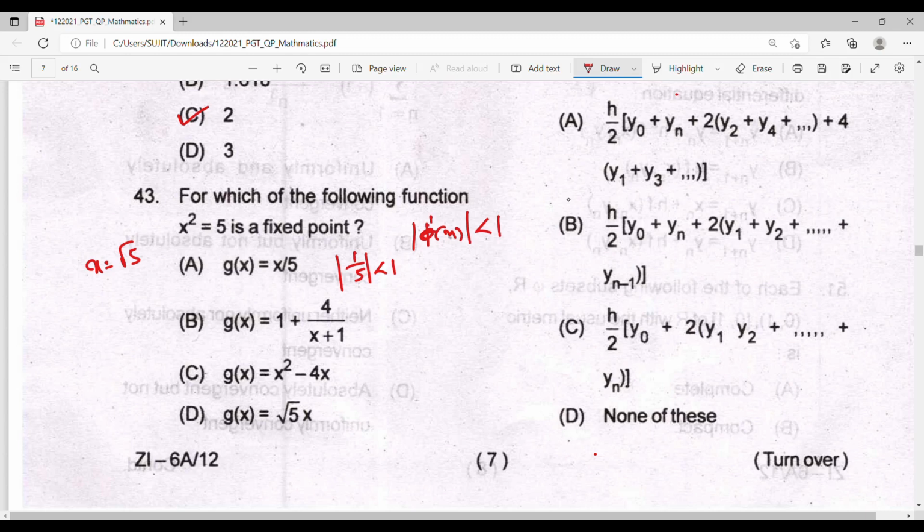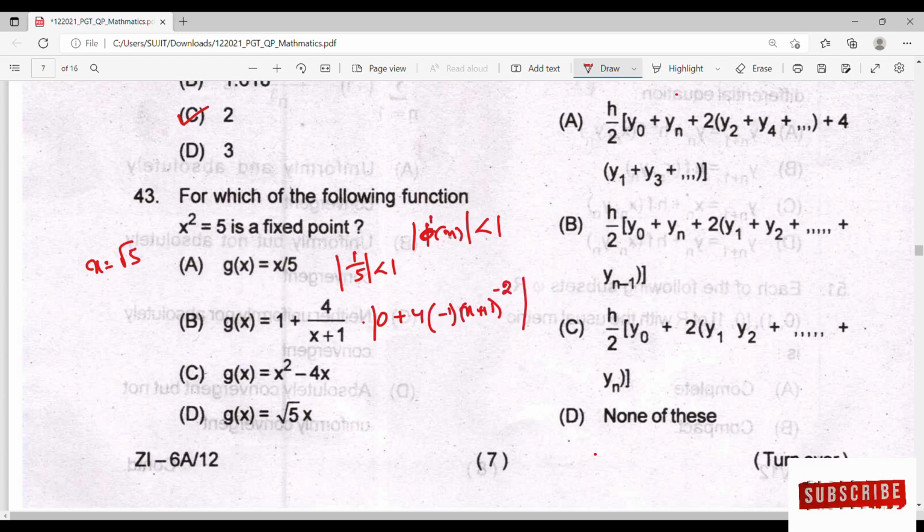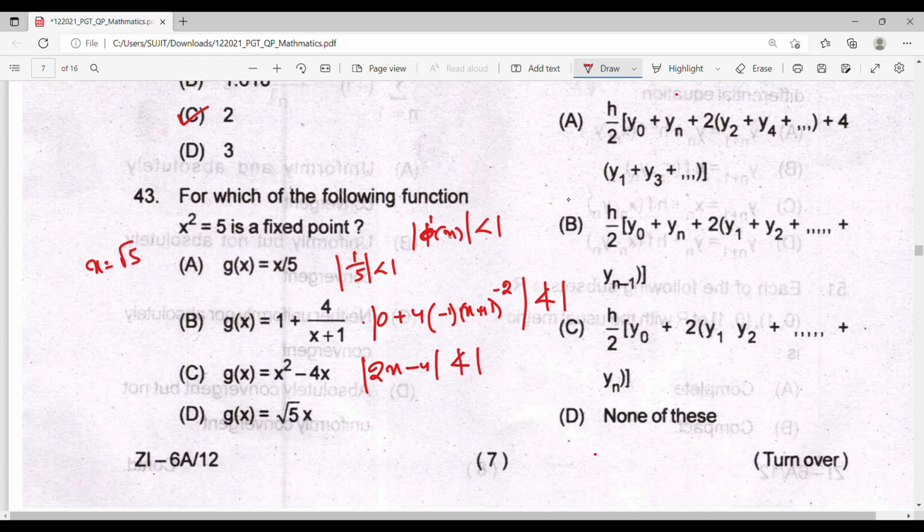Similarly, for the next function, g dash x is 0 plus 4 into minus 1 into (x plus 1) whole to the power minus 2, and this mod is not less than 1 by putting x equal to root 5. Similarly, for the function g of x, on differentiating we get 2x minus 4, and when we put x equal to root 5, we cannot get this quantity less than 1 either. For the last one, g dash x at root 5 is also never less than 1.